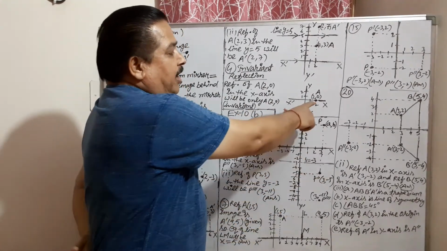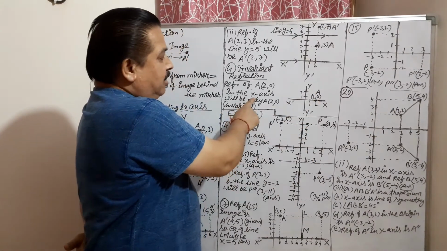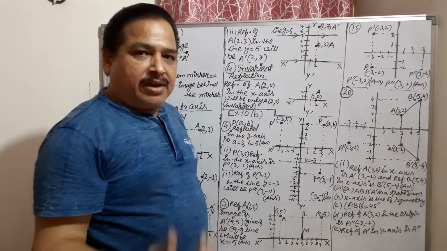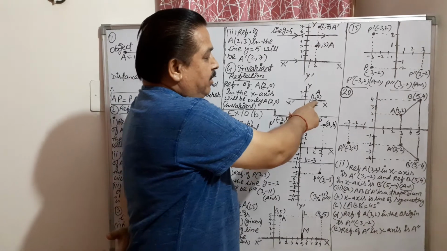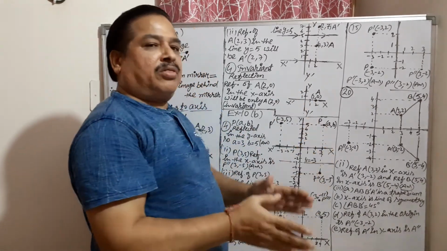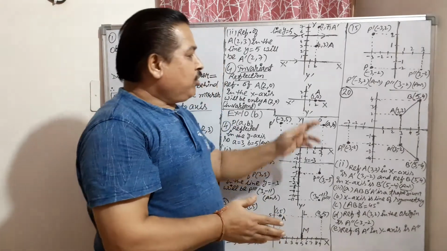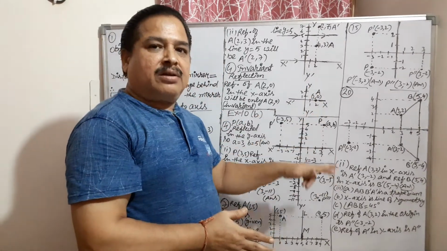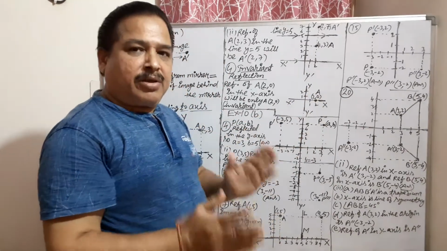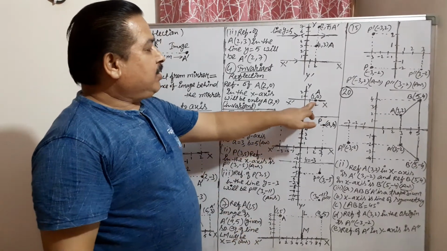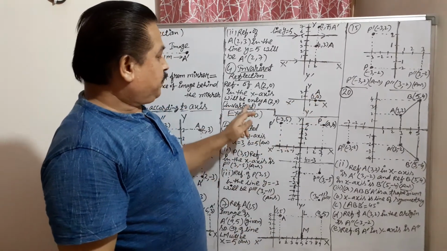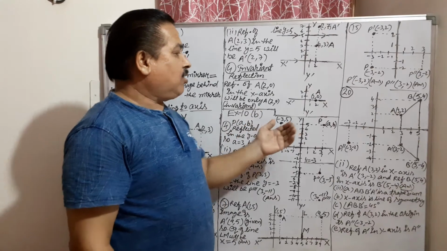If the point is on the x-axis and we are reflecting in the x-axis, it won't go anywhere. The reflection remains here only because it is on the mirror line. If any point is on the mirror line, it won't be reflected in that line. So the answer will be the same, (2, 0). This type of reflection is called invariant.